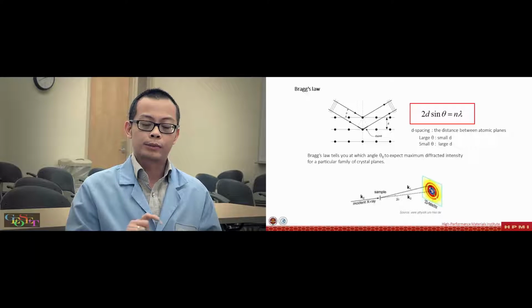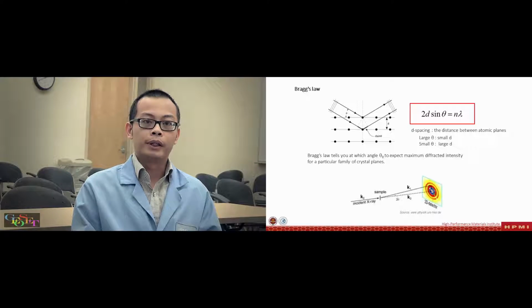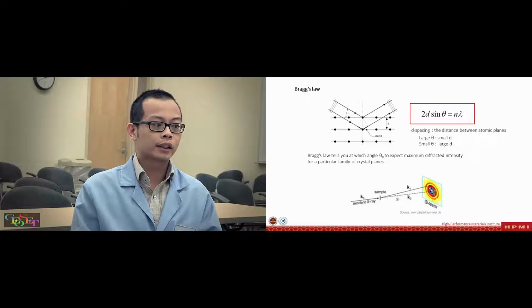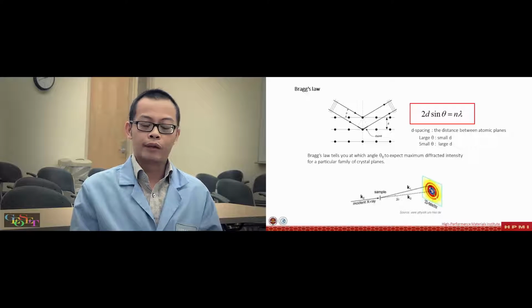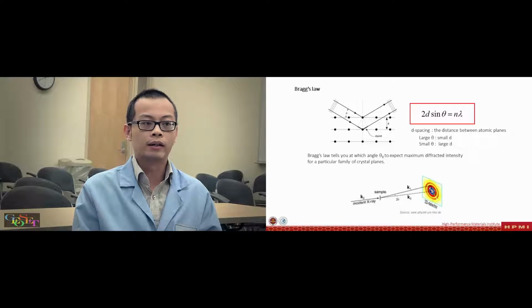The D spacing is the space between two atomic planes, and it can be used to identify the material. By using the detector, we can record the maximum intensity of the X-ray that follows the Bragg rule on the film, and we can learn a lot from that data.